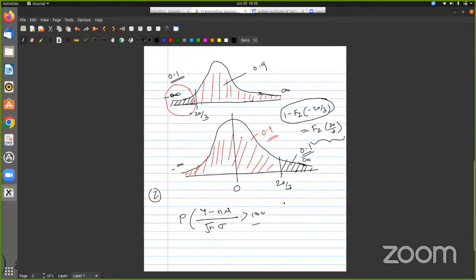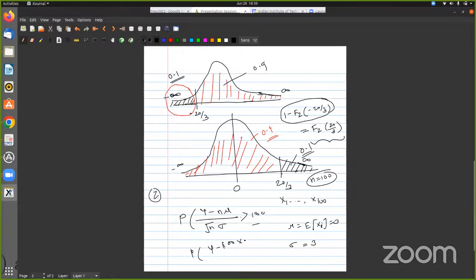This is my X1 to X100, right? So what is n here? 100. What is mu for each Xi? 3, sir. What is standard deviation for each Xi? 3. If I wanted to put here, Y minus n is what?